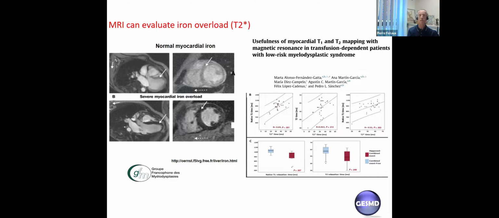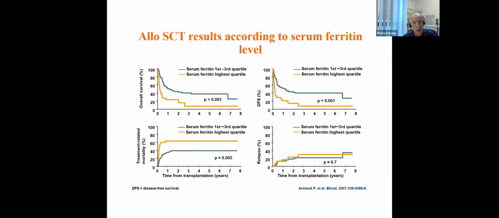And when the T2 star is below 20 milliseconds, then the risk of cardiac overload and therefore of cardiac failure is quite high. It has also been shown that, for example, after bone marrow transplantation, having even a moderate cardiac overload was associated with lower survival, which was not due to a higher risk of relapse, but to more transplant-related mortality, probably because of toxicity of free iron in the body.